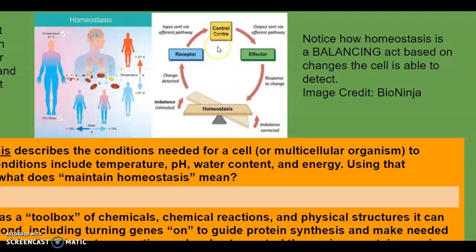There's a control center within the organism that will receive the information from its environment that tells it a change has happened. And then the control center will send out a response to that change to help correct the imbalance.